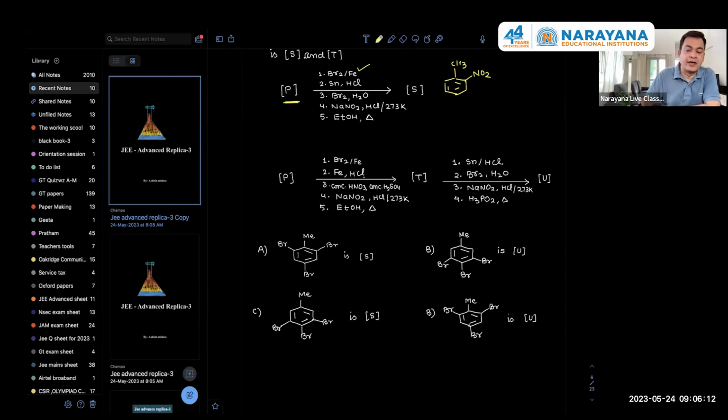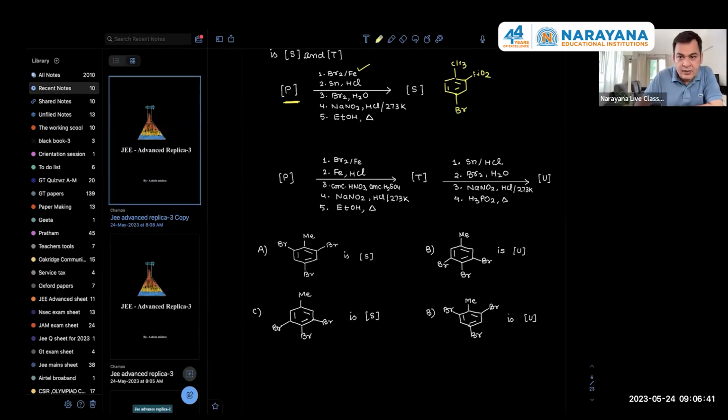If I do bromination, this orthonitrotoluene, which is actually P, is the 60% major product. In this case, the activating group is methyl only. Methyl is ortho-para, nitro is meta, so both are activating the same position. This position is meta for nitro and para for methyl.